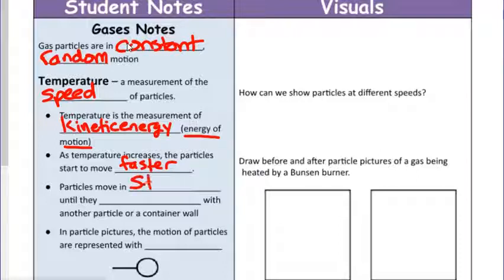Particles only move in straight lines, right? They don't have a little pilot inside their nucleus and they get a zigzag and fly all over and around the container. They only move in direct straight lines until they collide with either another particle or the wall of the container, right?